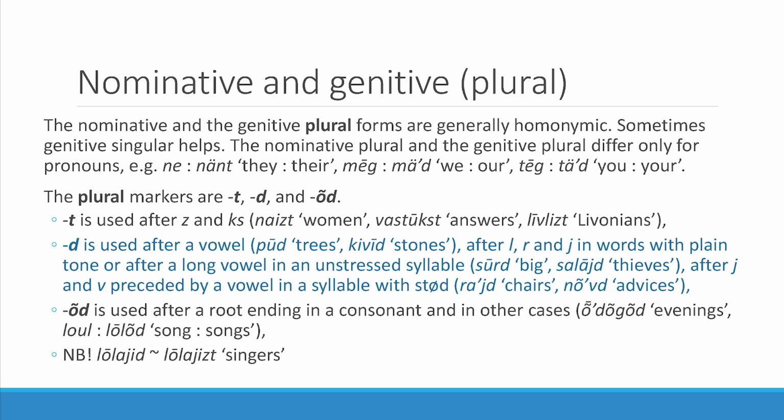You add a vowel before the soft D in case the root is ending in a consonant, and also some other cases. So, for example, this evening is ödug, but evening's ödugud. Lol, but lolat. So also there can be a slight change in the stem.